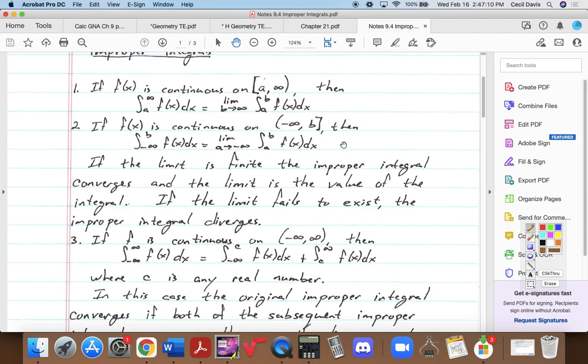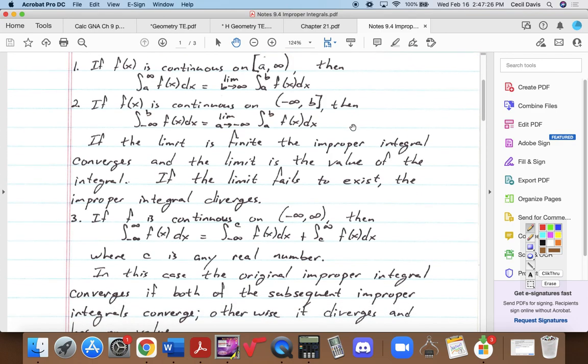We can also have a lower limit of integration that's negative infinity, in which case we'll take the limit as a goes to negative infinity of the integral from a to b of f of x dx. Okay? Now, if the limit is finite, we say that the improper integral converges and the limit is the value of the integral.